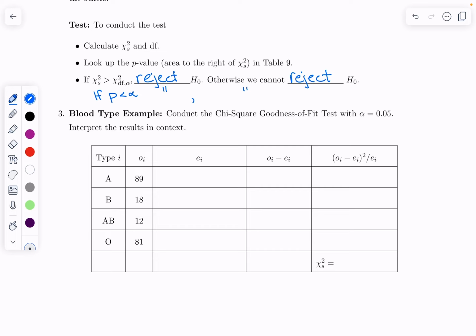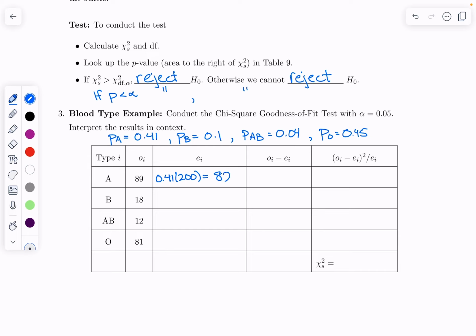So first we're going to calculate our chi-squared statistic. I want to remind us of the null hypothesis that the probability of an A blood type is 0.41, the probability of a B blood type is 0.1, the probability of an AB is 0.04, and the probability of an O blood type is 0.45. Okay, so we have 89 observed A's, but 41% of the 200 were expected to be A's.